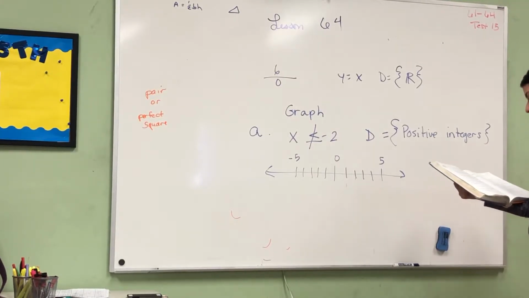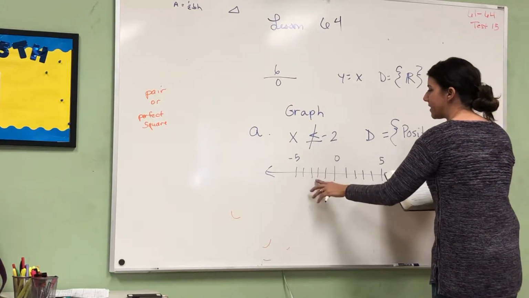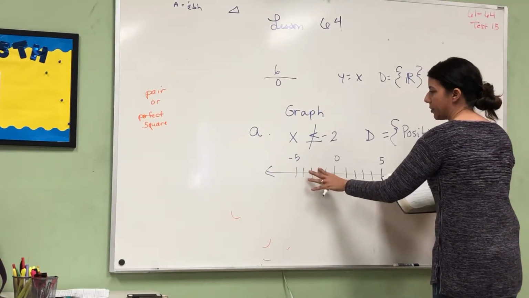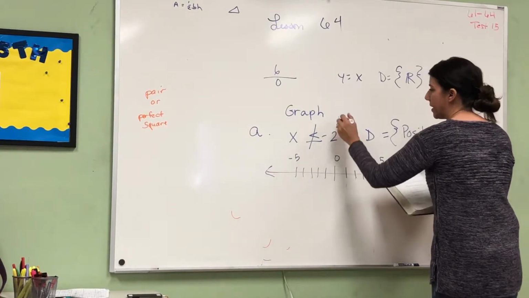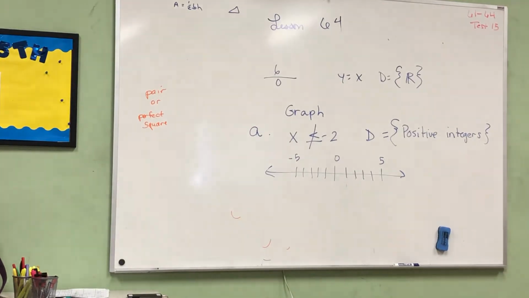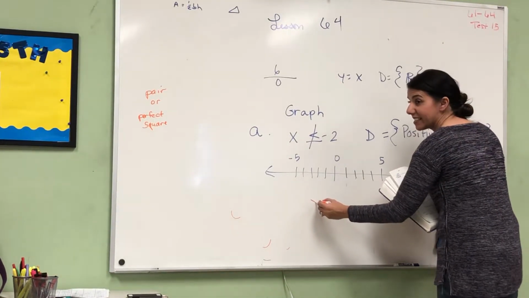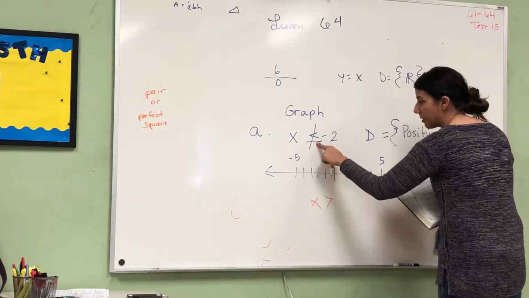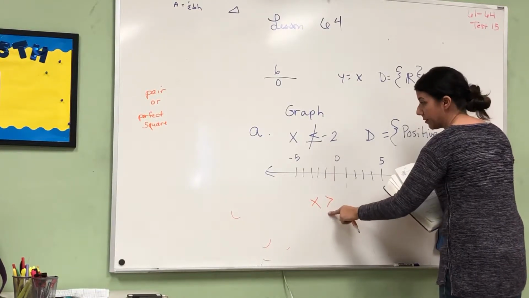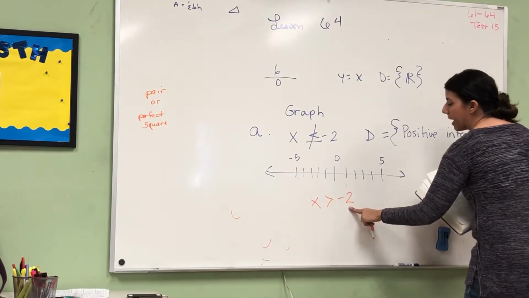Anyone? This goes back a couple lessons. If x is not equal to -2 and not less than, then it means x is what? It's not less than, it's greater than. It's not equal to -2. So x is greater than -2.